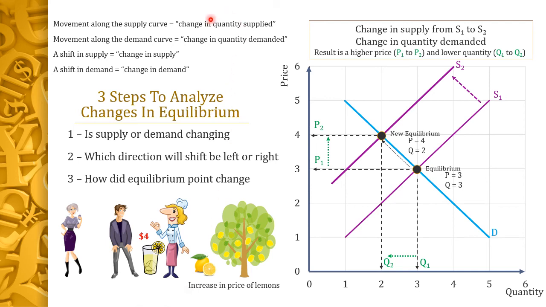Again, come back over here. We moved up and down the demand. So since we moved along the demand curve, we had a change in quantity demanded, but because we actually had a shift in the line, a change in where the line was sitting, we had a change in supply. So let's look at one last scenario where both supply and demand changes.